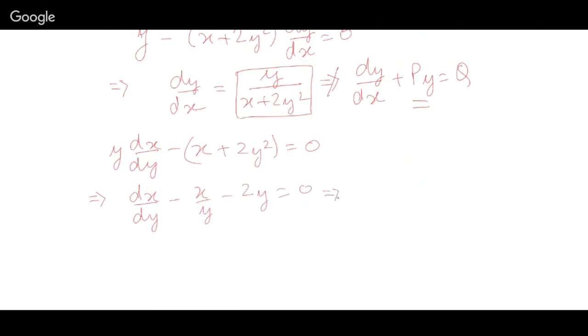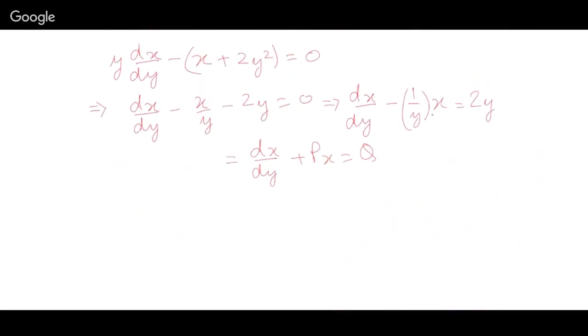Now rearranging, we get dx by dy minus 1 by y into x is equal to 2y, which is of the form dx by dy plus px is equal to q. So now we have rewritten our given differential equation in the form of a linear differential equation.